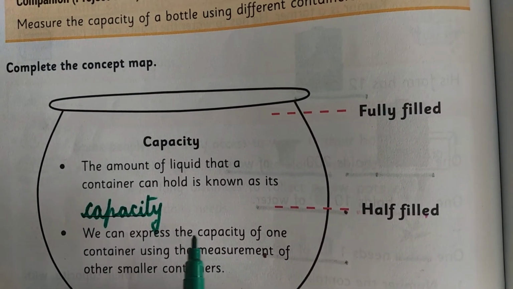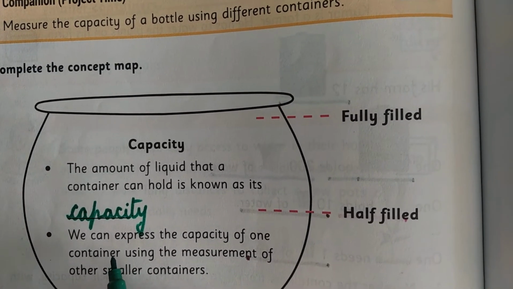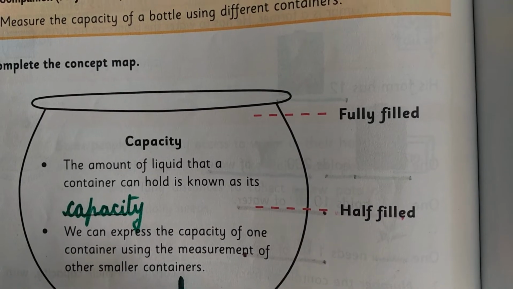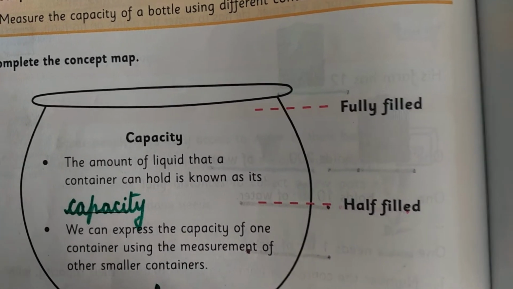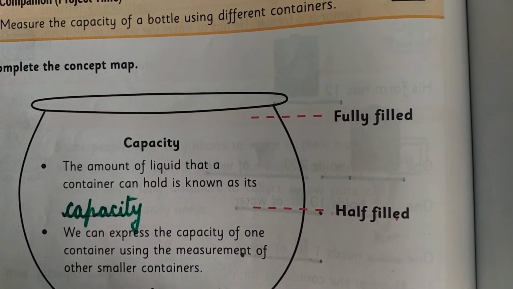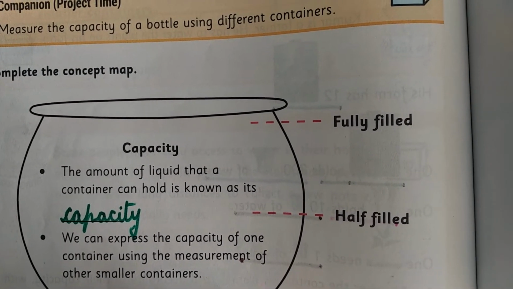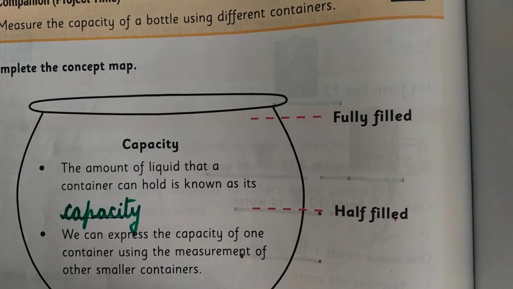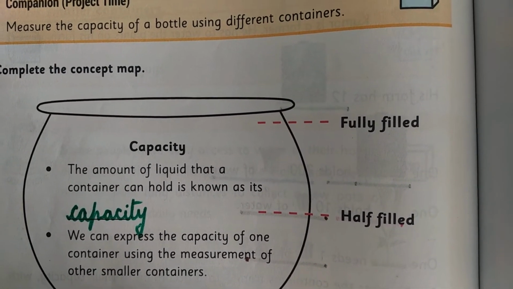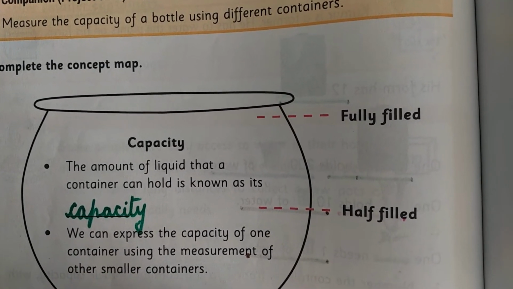We can express the capacity of one container using the measurement of other small containers. Suppose you want to measure the capacity of one water bottle, how will you find its capacity? Yes, we will measure by using small containers like a bowl or glass, isn't it?